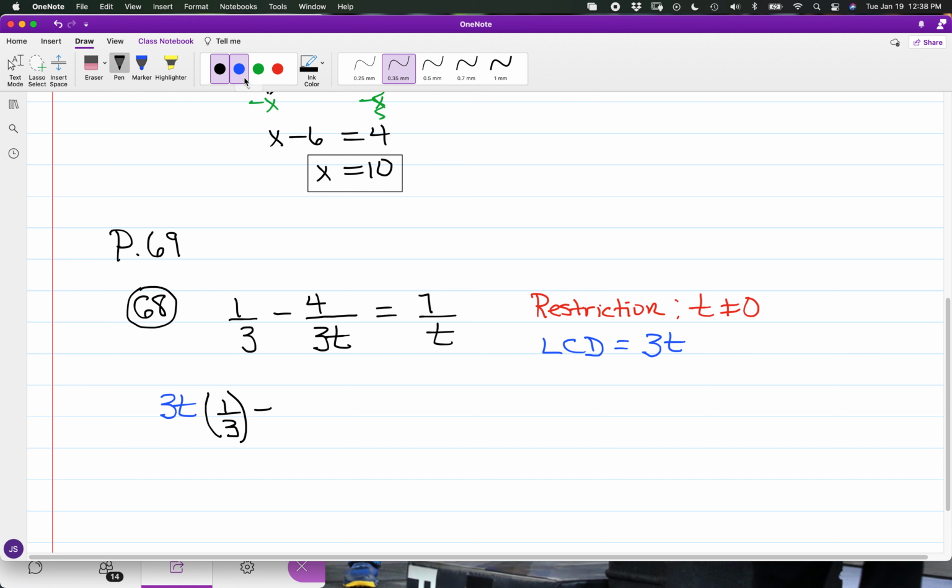So I have 3t times 1/3, minus 3t times 4 over 3t, and that is equal to 3t times 7 over t.